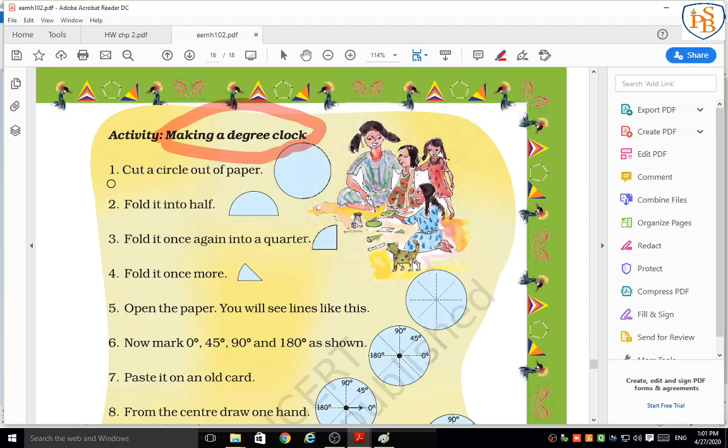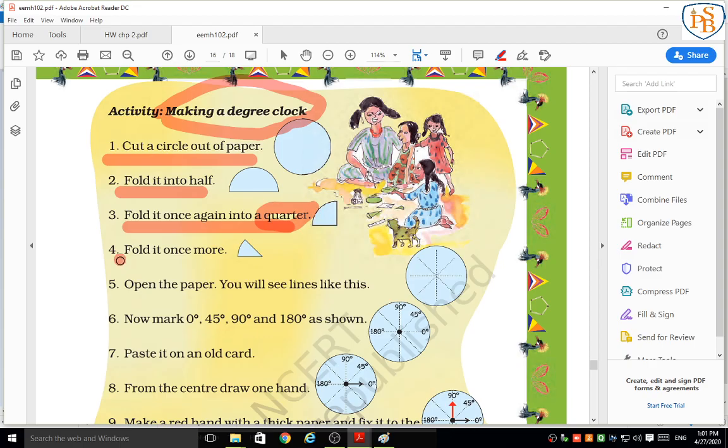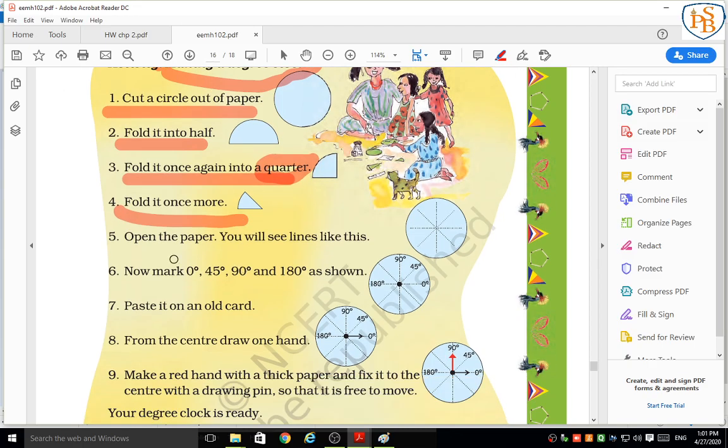First, you take a square sheet, correct? Cut a circle out of the paper like this. Then fold it into half, fold it once again into quarter. Quarter means what? Correct, 1/4 part. Then fold it once more and finally open the paper.